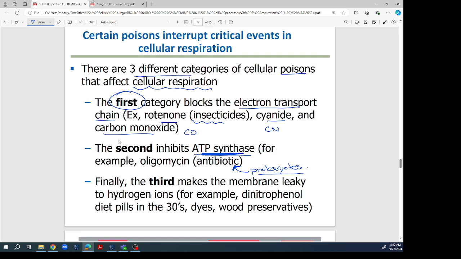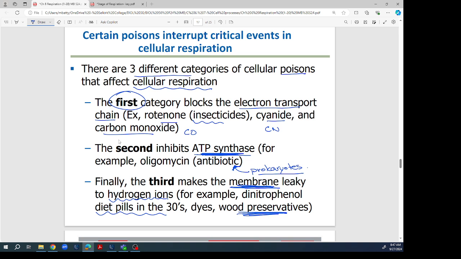The third kind makes that inner mitochondrial membrane leaky, and when the membrane is leaky, it can't set up the hydrogen ion concentration gradient. And without the hydrogen ion concentration gradient, then again, there's no big payout for the last stage. There's no chemiosmosis. And examples of this would be some wood preservatives, and then your textbook talks about a diet pill in the 30s that, yeah, for sure would make you lose some weight, but it might also kill you too.